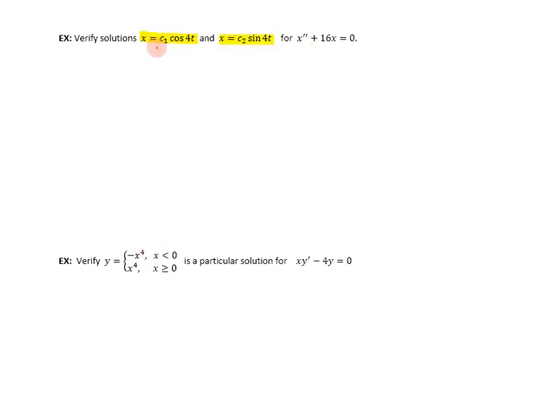So let's check that. x is now our dependent variable and t is our independent variable. Let's find out what x double prime is in the first case. Let x equal c1 cosine of 4t. Then x prime is c1, the derivative of cosine is negative sine, so negative c1 sine of 4t, and you multiply times the derivative of what's inside, so a 4 comes out front: negative 4c1 sine of 4t.